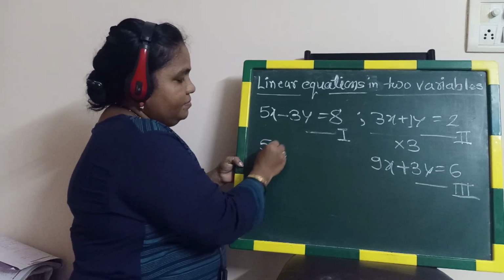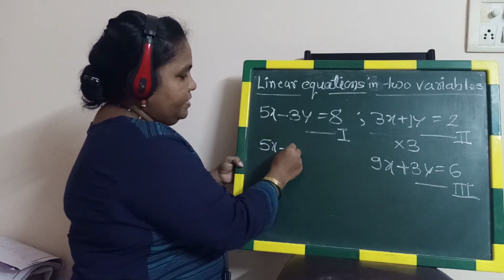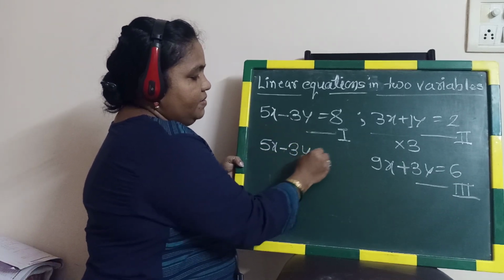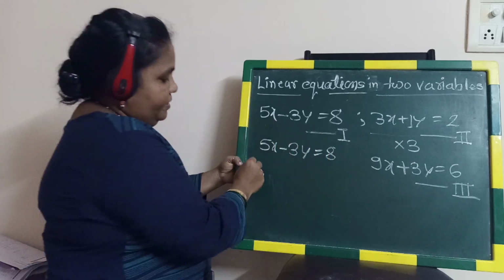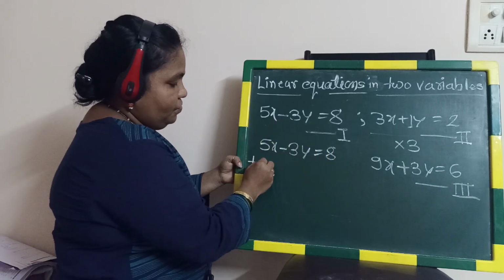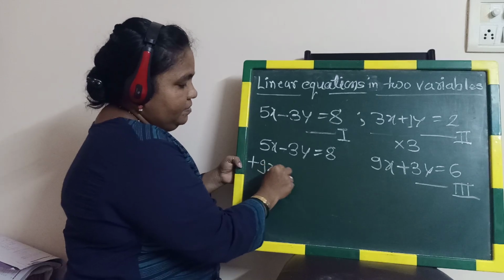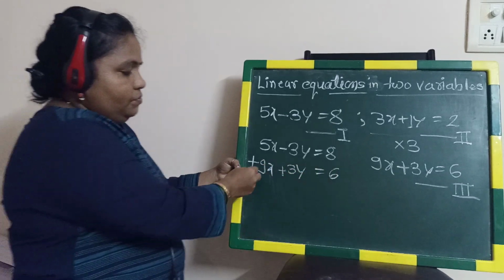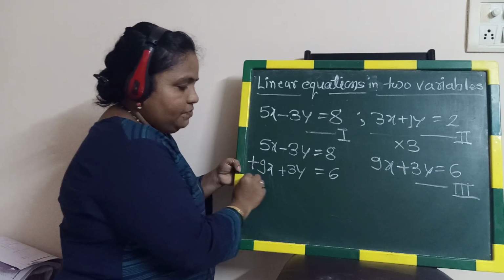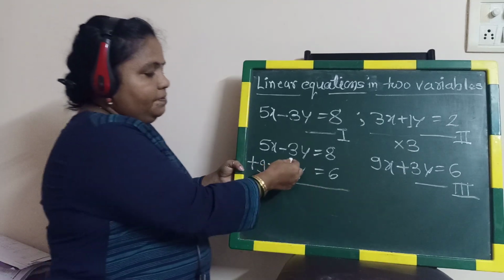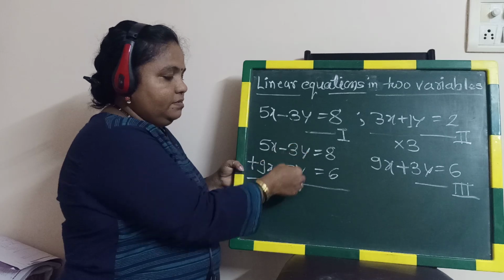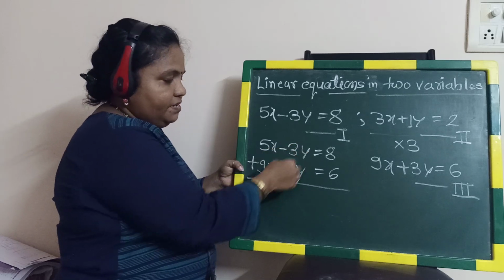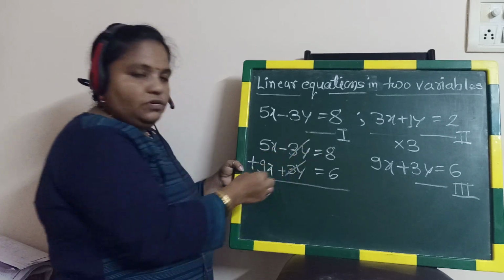So our equation 1 is 5x minus 3y is equal to 8. Then addition is there, so plus 9x plus 3y is equal to 6. All of you know, whenever there is addition, we don't have to change the signs. Here these two terms are similar, having different signs, so they will cancel each other.